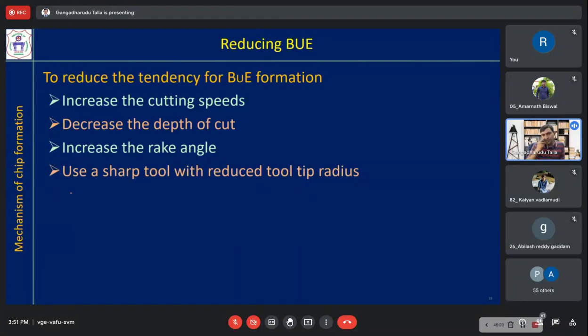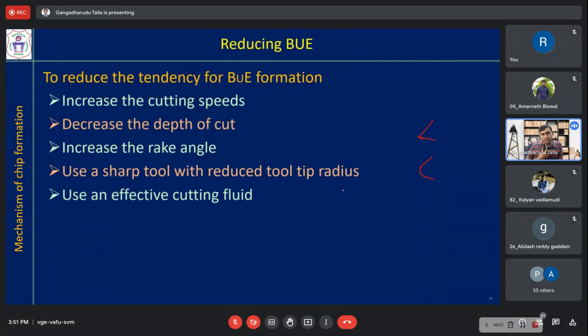Reduced radius means the tool tip is very sharp, so the cutting action will be smooth. If there is some radius, you have to exert more force. If it is very sharp, with less force you can easily cut the material. Once you are exerting more force, obviously more heat will be generated, so it will lead to the formation of built-up edge.